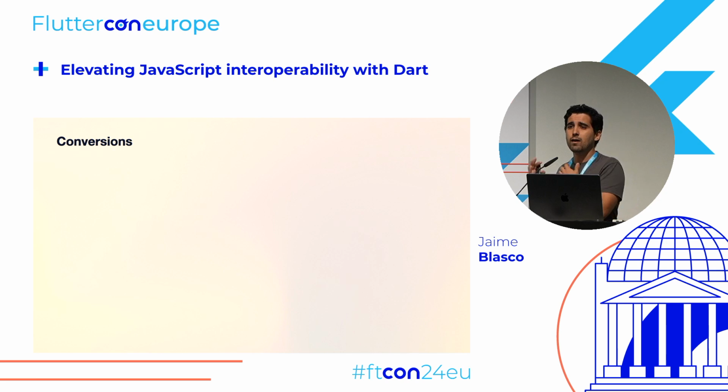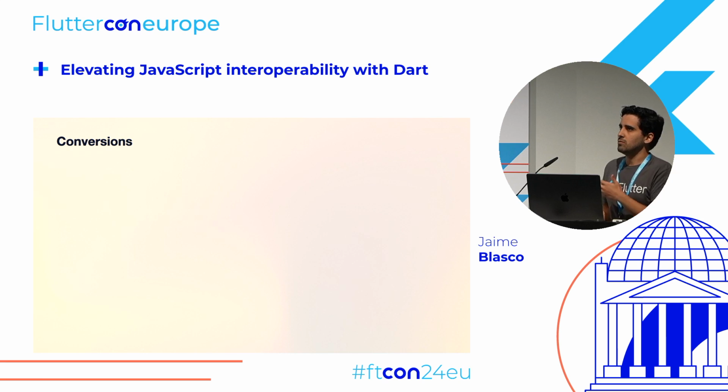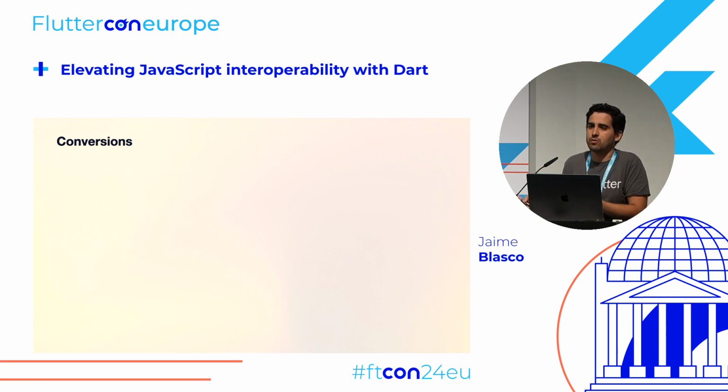So now that we understand that we can represent all these types from JavaScript in Dart, we might want to use this JSString as a Dart string. How can we make this conversion between a JavaScript string in our Dart code to a Dart string? For this, we have a series of conversions that usually are one-to-one.